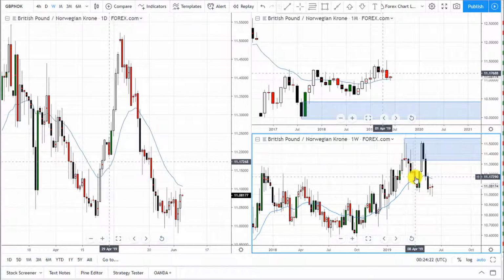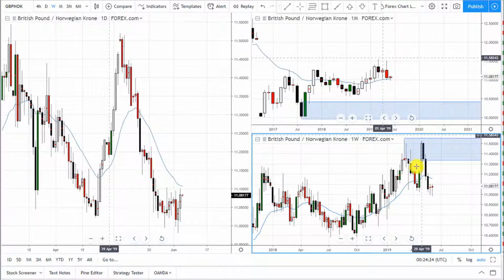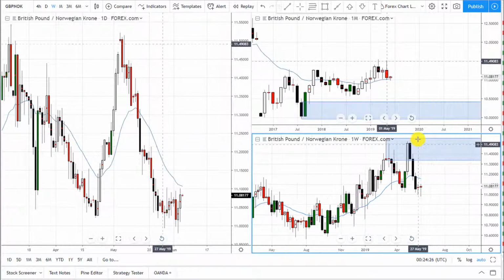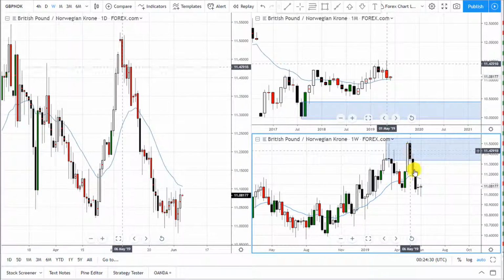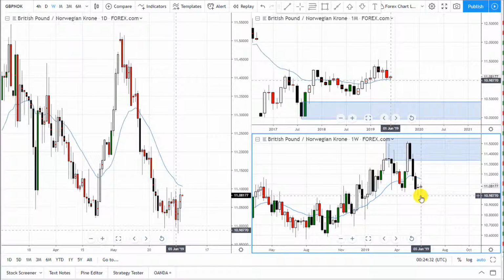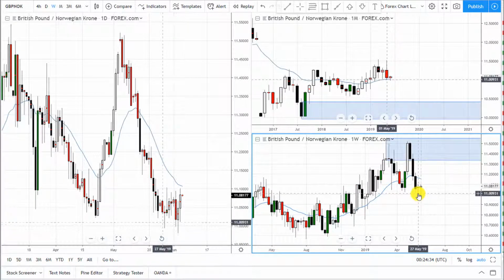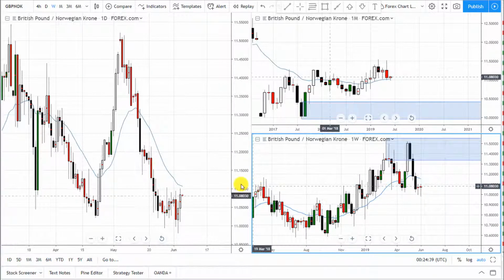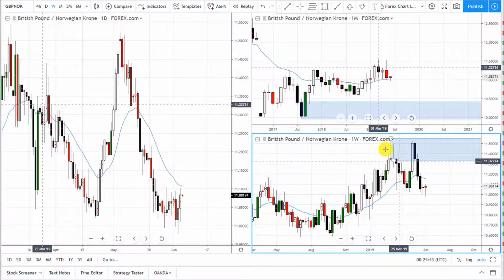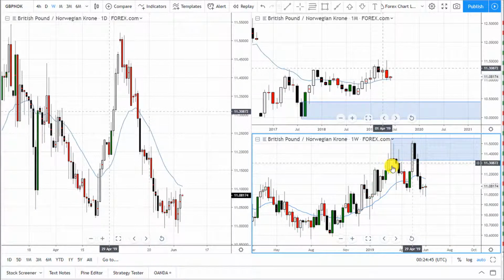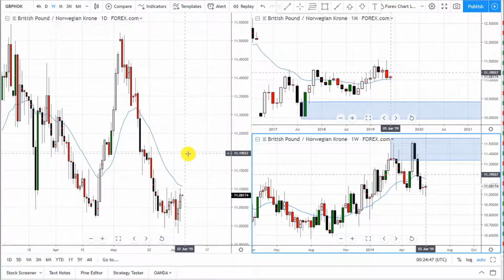If it broke this higher, it could become demand zone, but since it didn't, price just easily retraced back to it and broke it with these wicks and these doji candles. And so then we are looking to be bearish on this Forex pair.